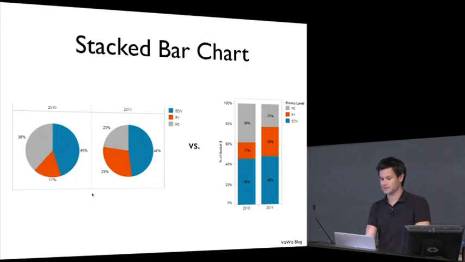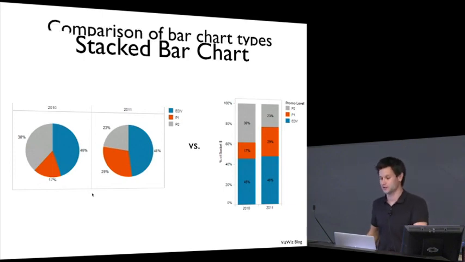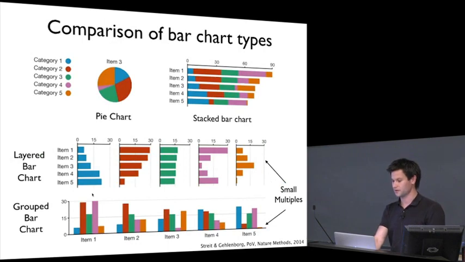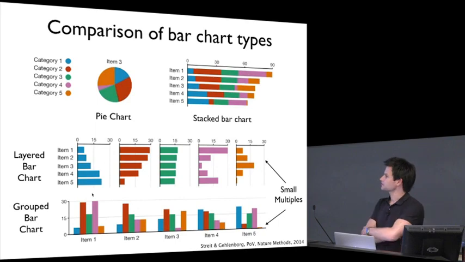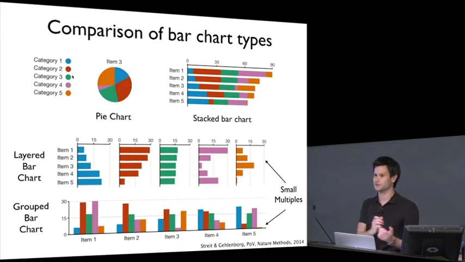Okay, there's this stacked bar chart versus pie chart, and I said that the stacked bar chart is almost in every case more effective than the pie chart. So if you have the choice, go for the stacked bar chart. Okay, that's a comparison of which bar chart you should actually use for the different kinds of tasks. And that's very interesting, I think, because we have different categories and different items, so it's just a table.